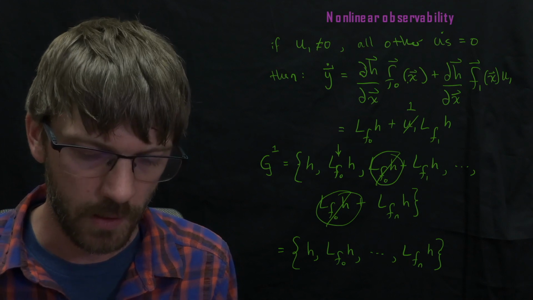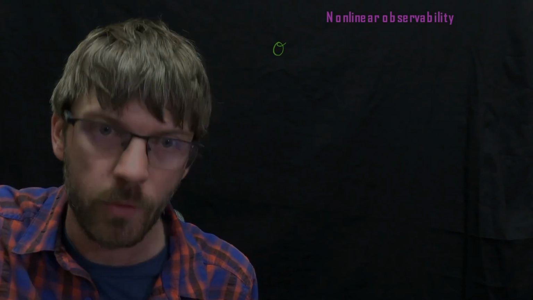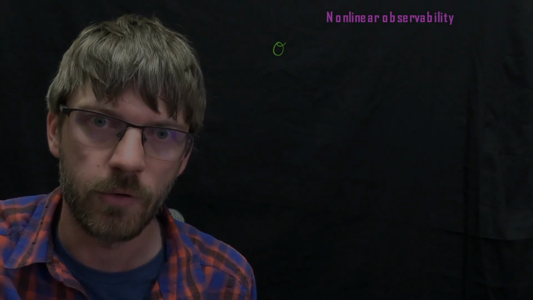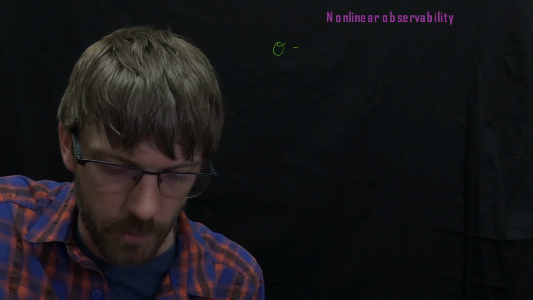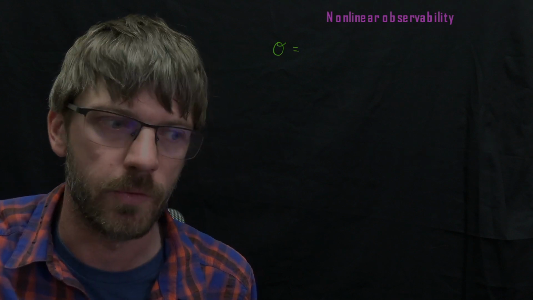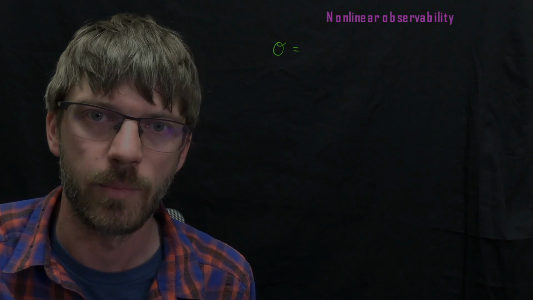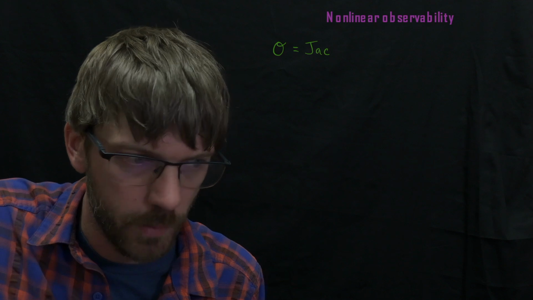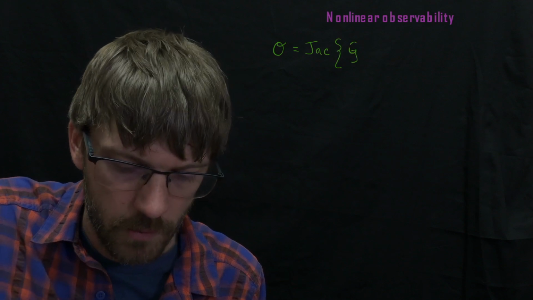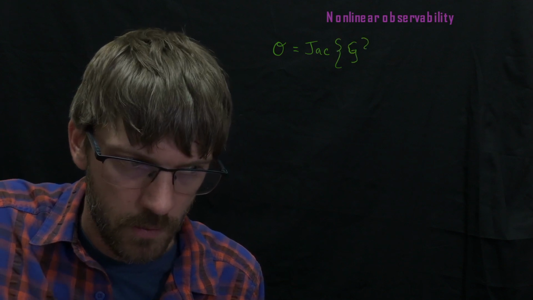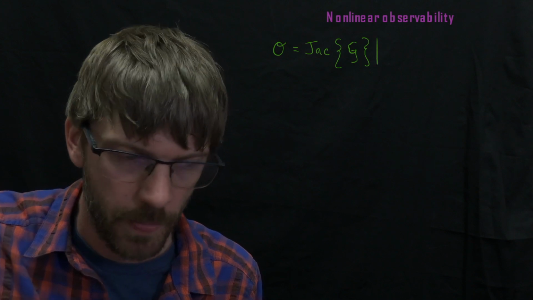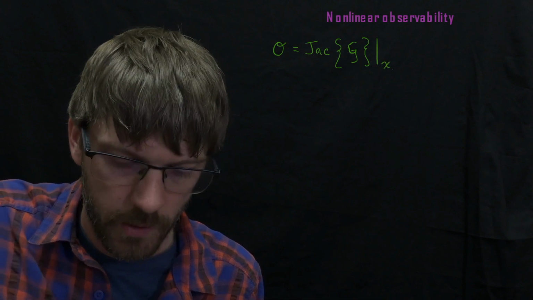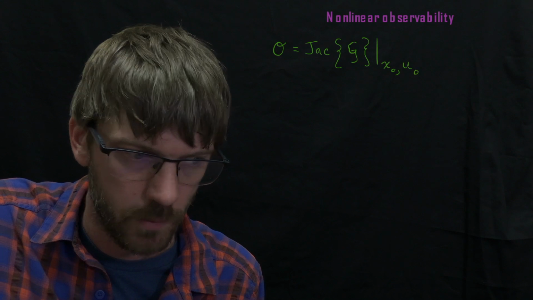So a convenient way to do that is to calculate the Jacobian of G, and we'll call that O, just like we had an observability matrix for the linear case. This is going to be our observability matrix for the nonlinear case evaluated at some specific operating point. So O here is going to be the Jacobian of that G evaluated at some operating point, x0, u0.